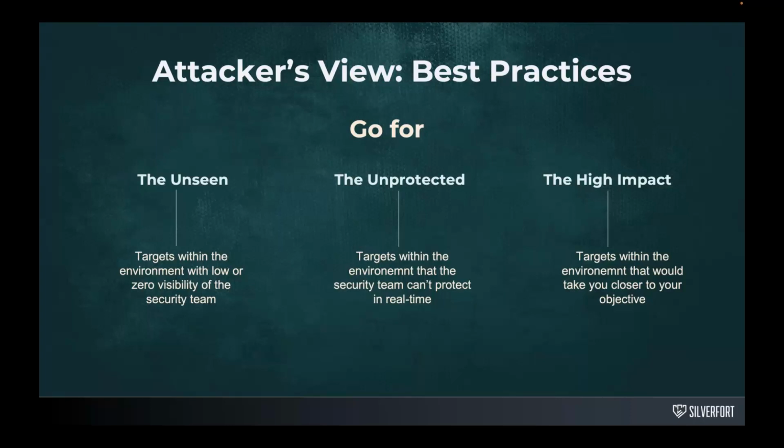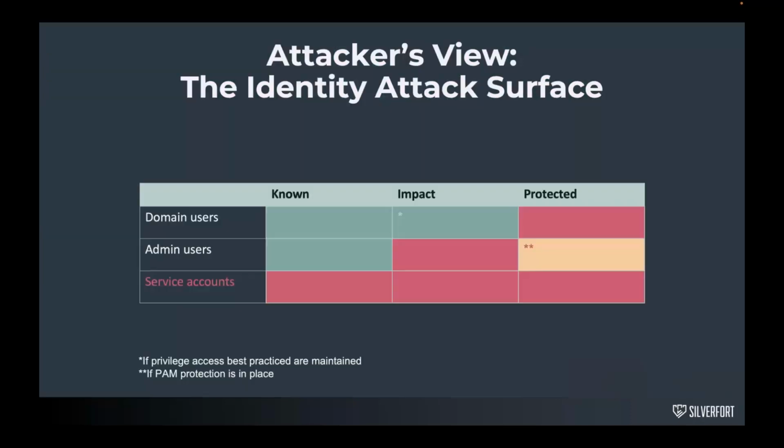I have to overcome this. But what I want to show you now is that when we consider the identity attack surface, in most cases you'll see all three of these coming together, especially when we're talking about service accounts.